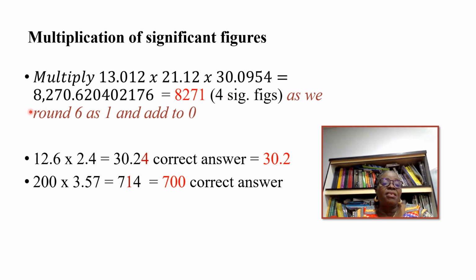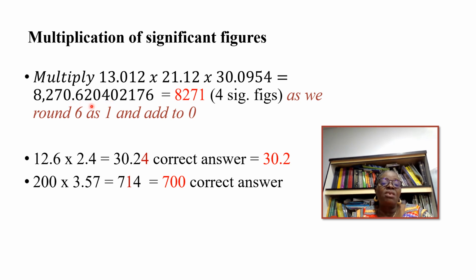What is the answer from these multiplications? The answer is 8270.620402176. The answer is long. You should know what you will do.